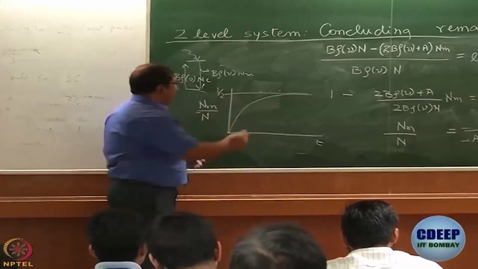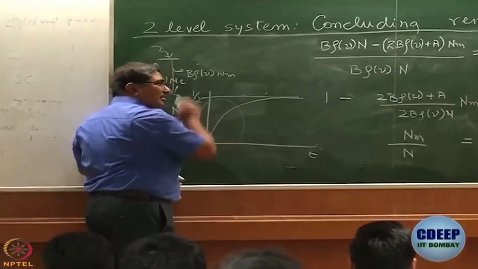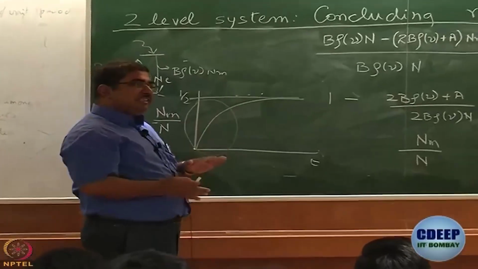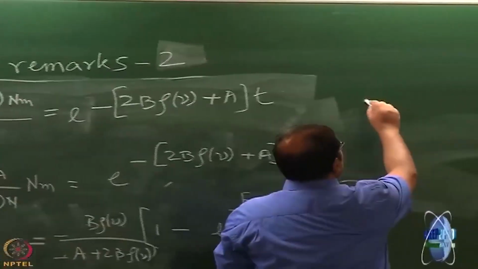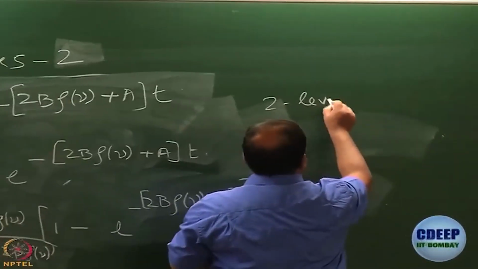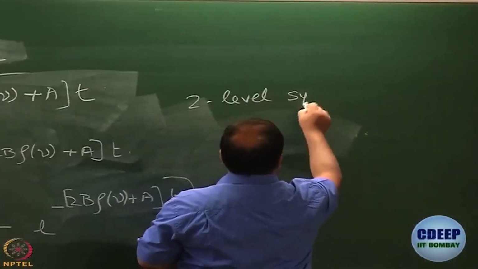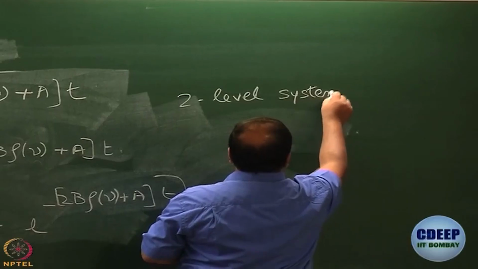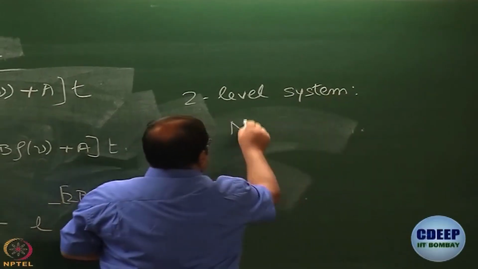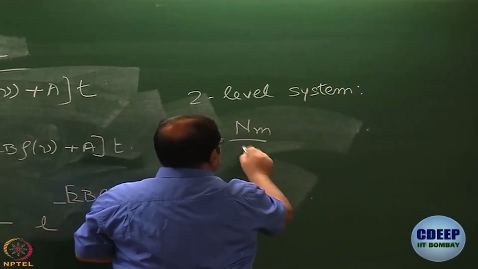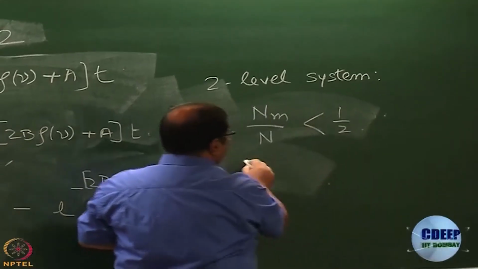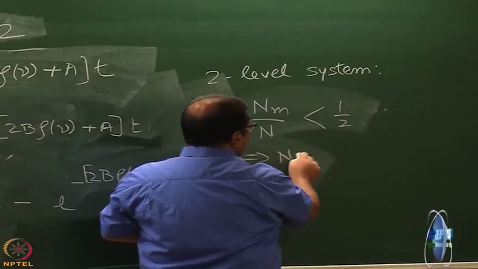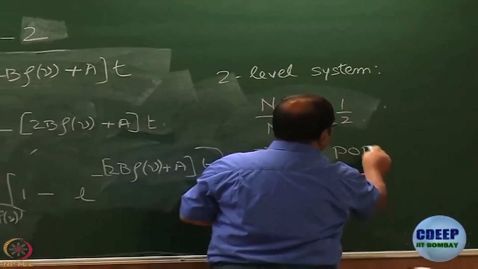So you can never go there. You have to restrict yourself somewhere here. So for a two-level system, Nm by n is always less than half, which means no population inversion.